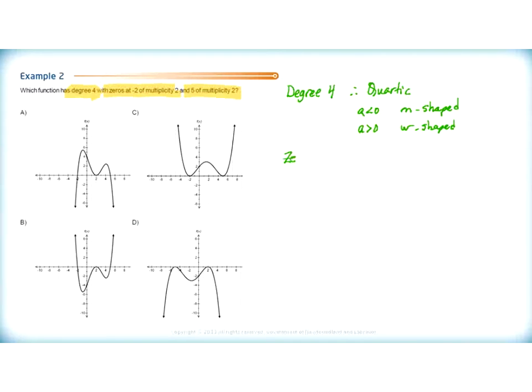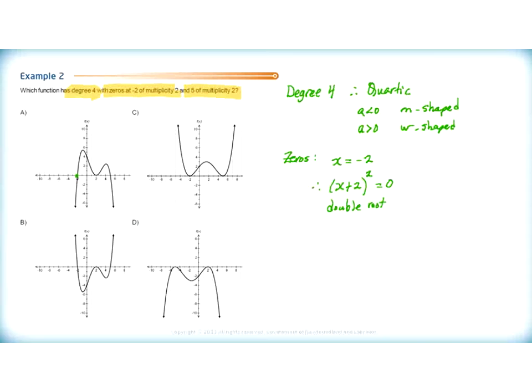However, if you look at the zeros of the polynomial, it's saying that we have a 0 at x equals negative 2, and because it has a multiplicity of 2, we know that x plus 2 will be raised to the power of 2. So we can look for a double root at x equals negative 2. And the graph would have to be tangent at that point.